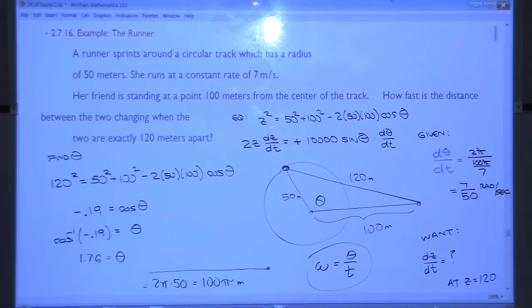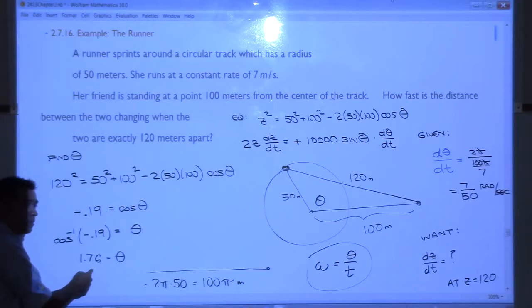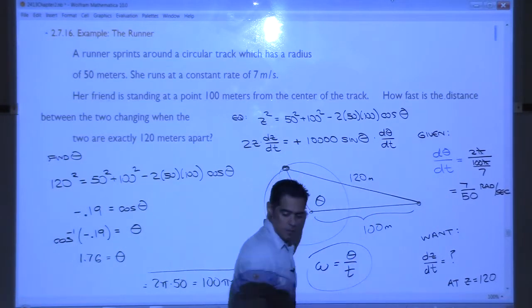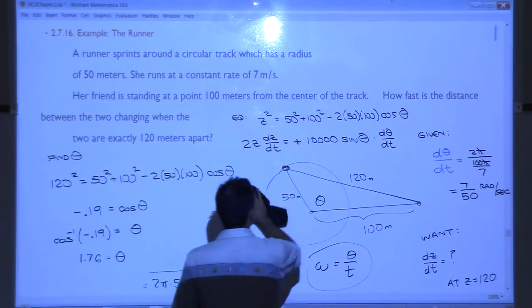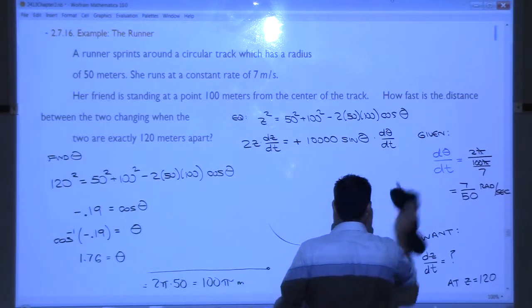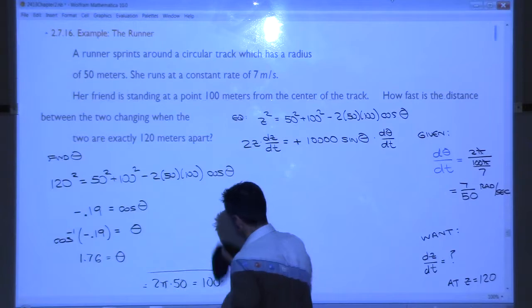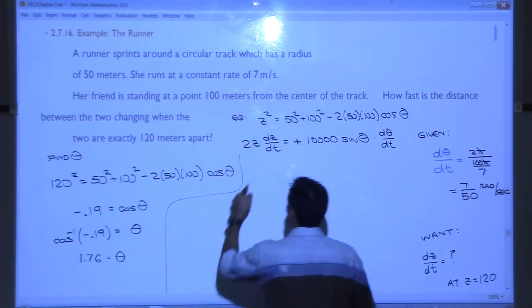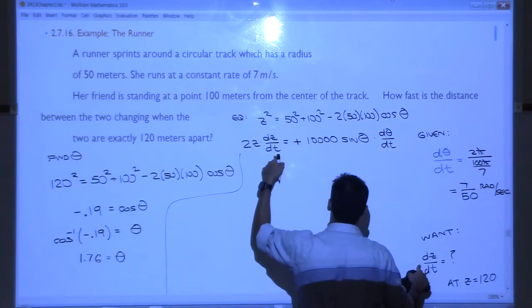All right. So if I know what theta is in radians, then I should be able to go back here now and figure out what sine theta is. Okay, here we go. Time for the final answer. We're trying to solve for dz dt.